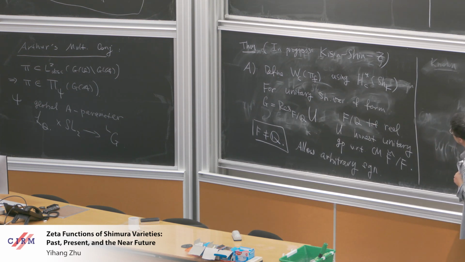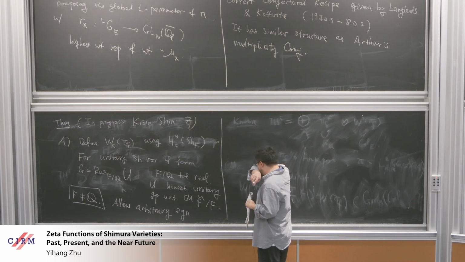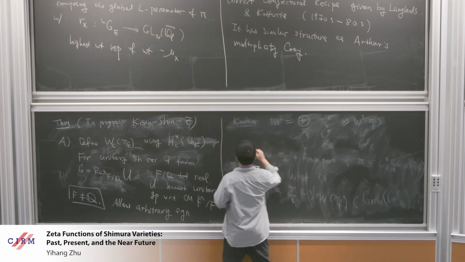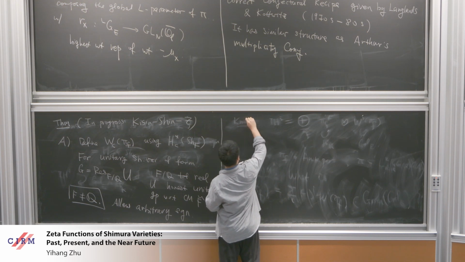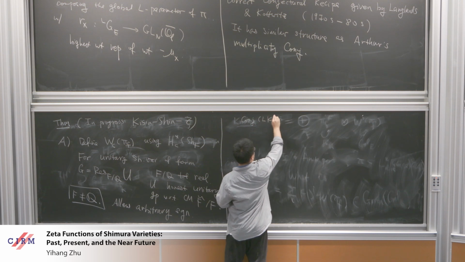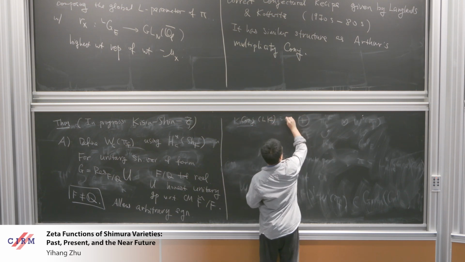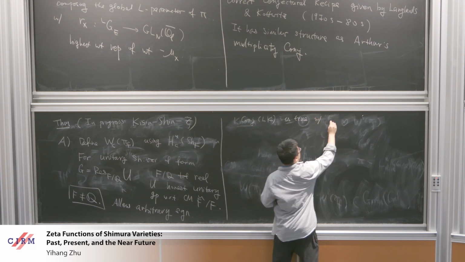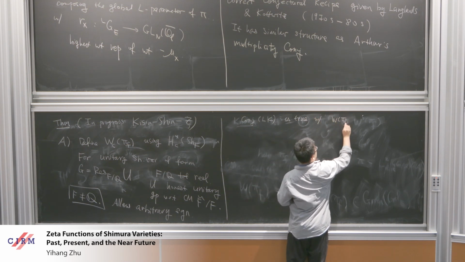Right, so under these assumptions, for this Shimura variety, we prove that the conjecture of Langlands-Kottwitz is true with W pi f replaced by WC pi f.